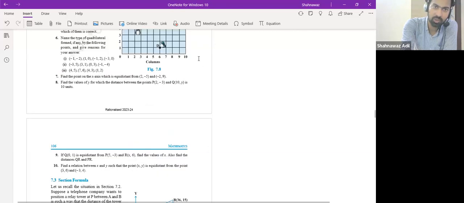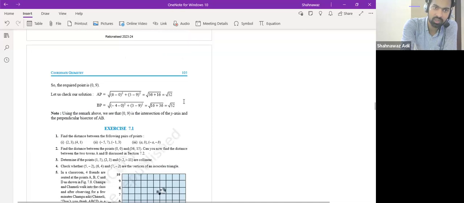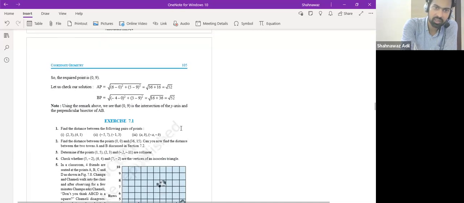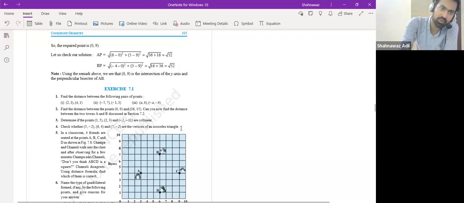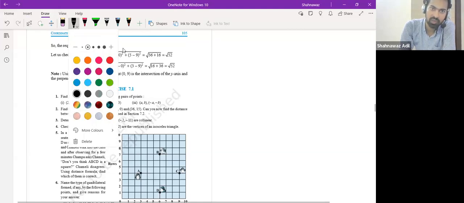This is a very small chapter. Find the distance between the following pair of points. We have only one problem.